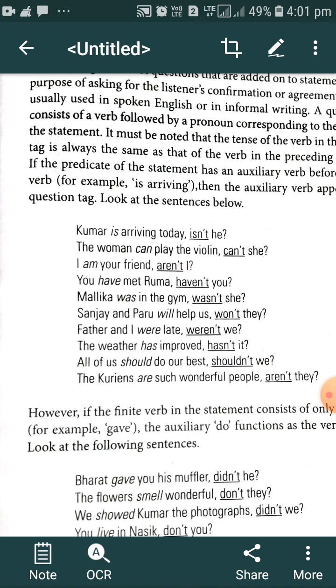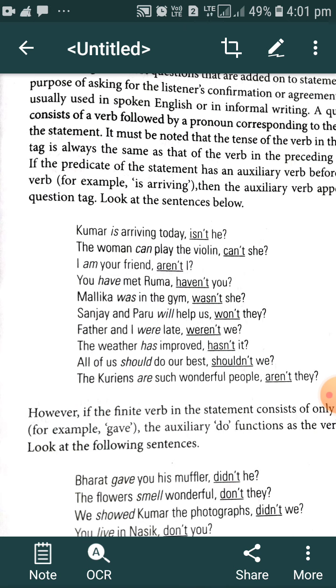Then instead of Sanjay and Paru, there are two subjects. That's why we have used the plural pronoun, that is they. As in earlier sentences we have used she instead of Mallika, he instead of Kumar, but here there are two subjects. That's why we have used the plural form of the pronoun, they.